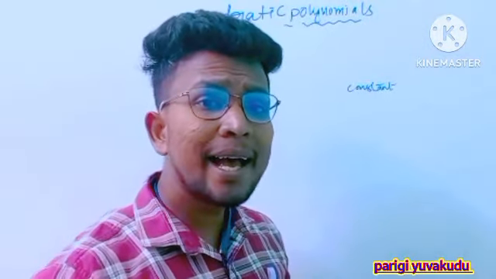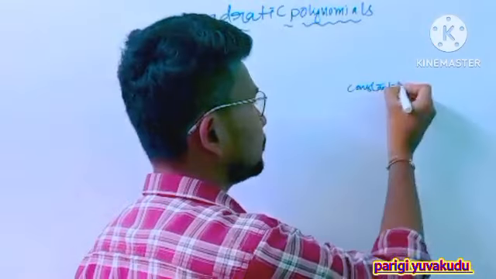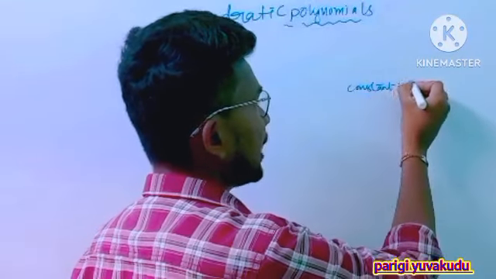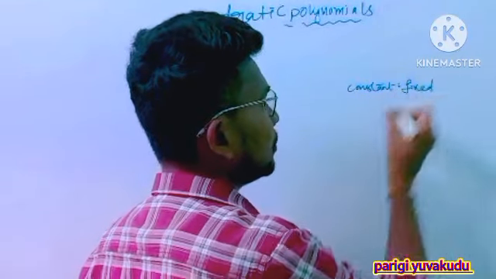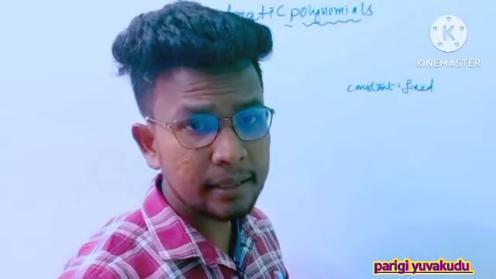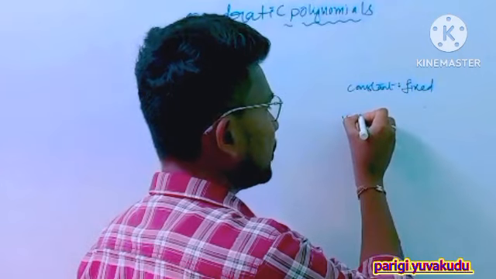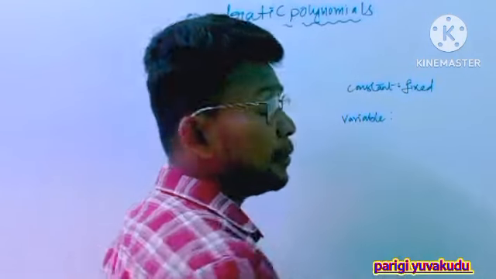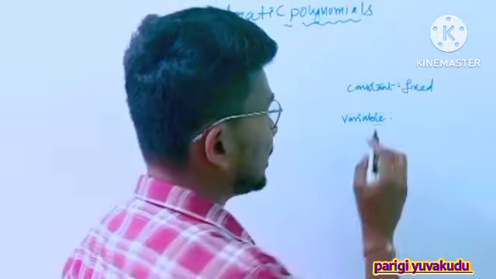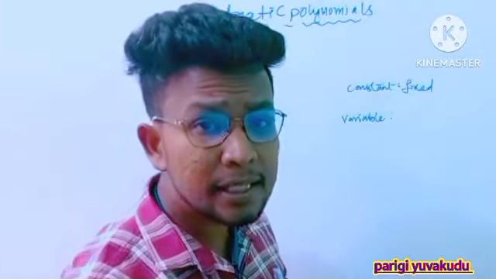Now, constant is nothing but a symbol which has a fixed value. Now, we are going to explain what is meant by variable. A variable is nothing but a symbol which can take various numerical values.